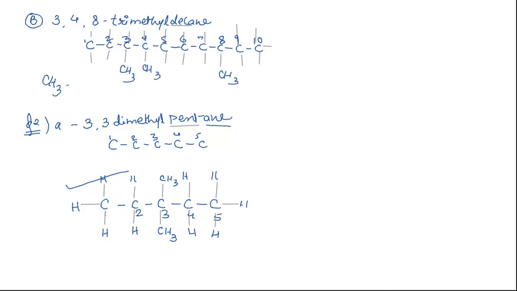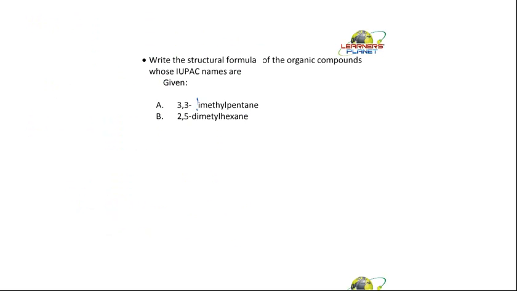Now moving to the next part, it is 2,5-dimethylhexane. I'll draw the structure here only. What is the root word here, students? It is hex. How many carbon atoms? 6. So it would be 1, 2, 3, 4, 5, 6.